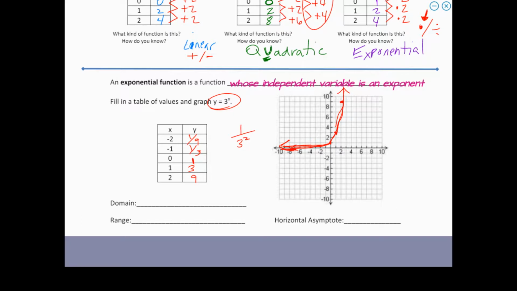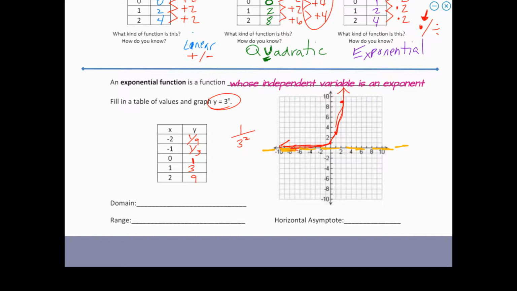So in this case, my horizontal asymptote is right here. Okay, and it's usually drawn with a dotted line there.